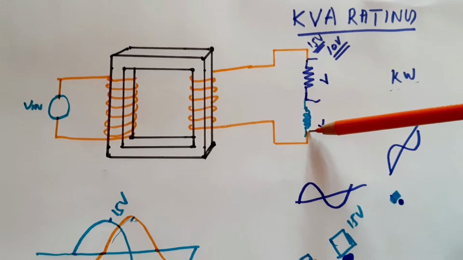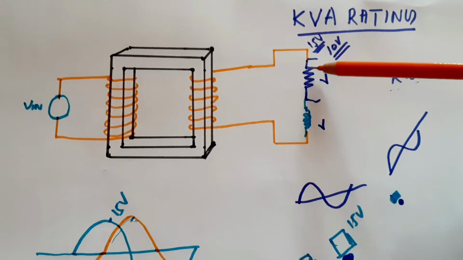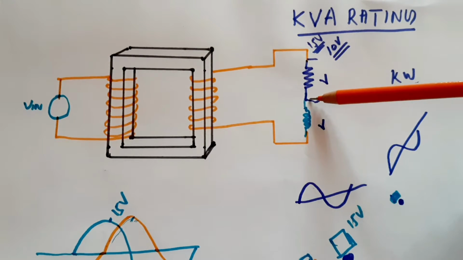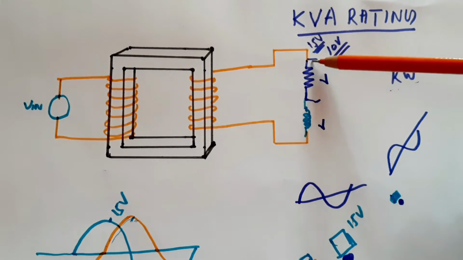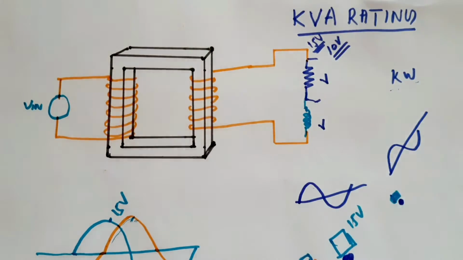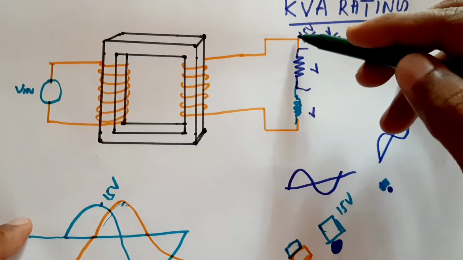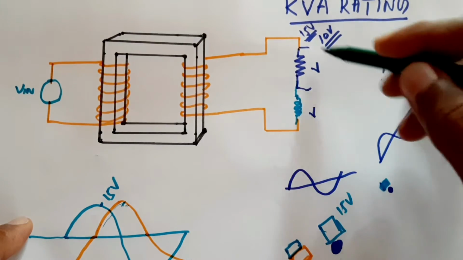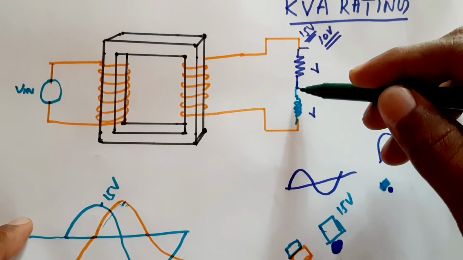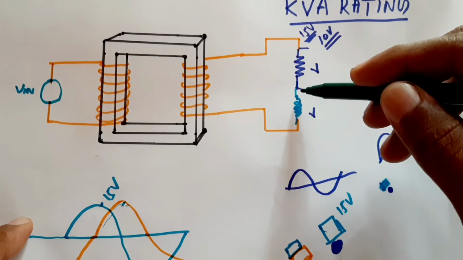The purpose of the inductive component is to store energy so that the desired current or voltage is available at the bulb. So if the voltage at this point on the secondary is 15 volt, 10 volt is needed across the bulb, and the remaining 5 volt is across the inductor.